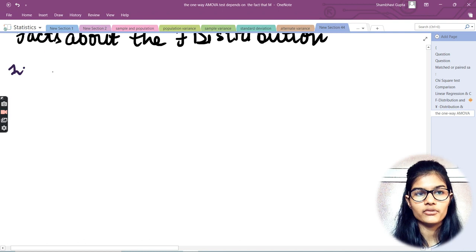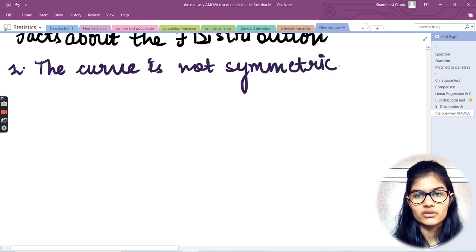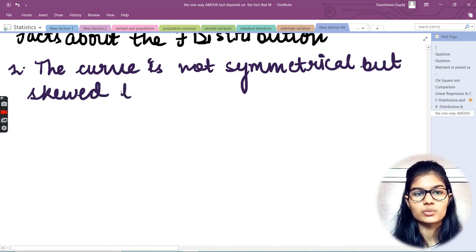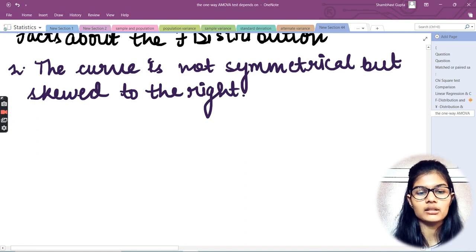The very first one is regarding the curve. The curve is not symmetrical but is skewed to the right. It means that the curve for the F distribution is not symmetrical, but it is skewed towards the right.